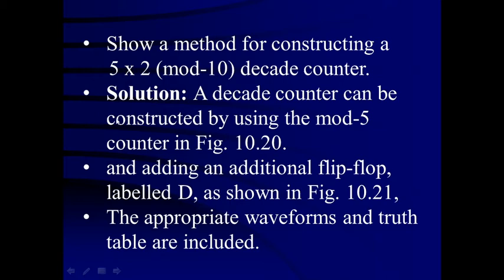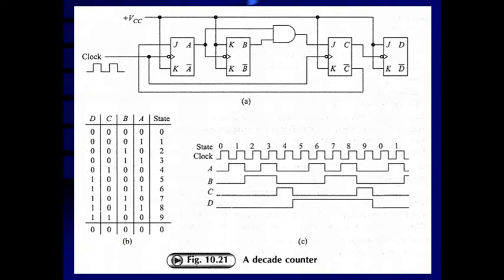Solution: a decade counter can be constructed by using the mode 5 counter as shown in figure 10.20 and adding an additional flip-flop, labeled D, as shown in figure 10.21. The appropriate waveform and truth table are included here.